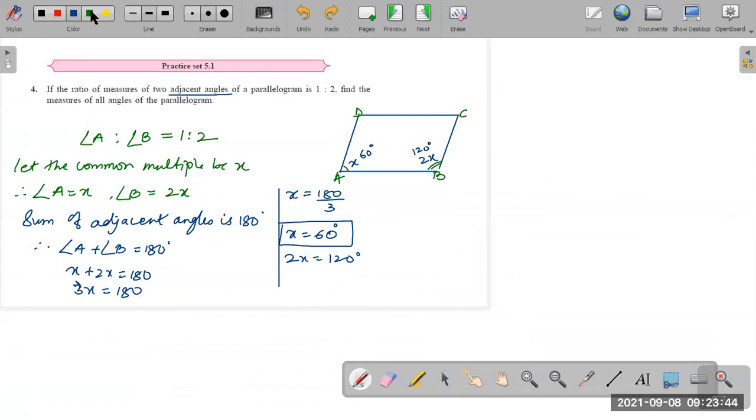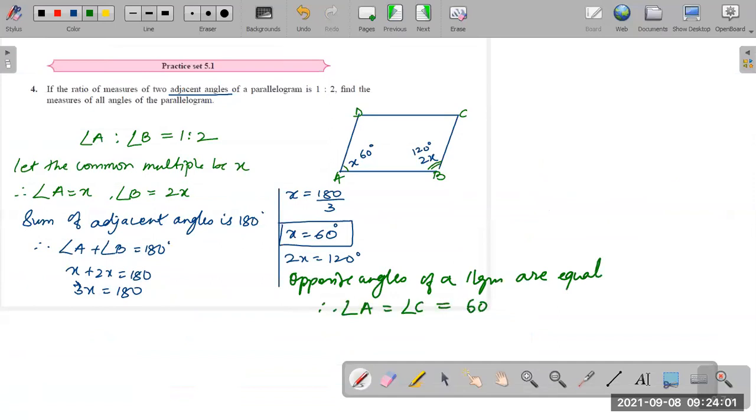So here we write out the property. We know that opposite angles of a parallelogram are equal or congruent. Therefore, what can we say? Angle A is equal to angle C, which is equal to 60 degrees, and angle B is equal to angle D, that is equal to 120 degrees.